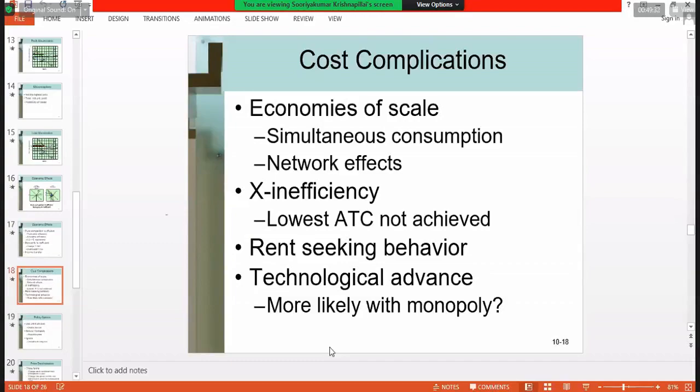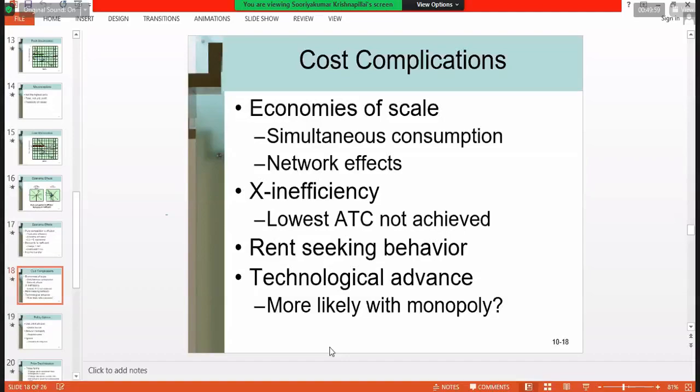Then they can produce the product at the lowest cost, and also produce new products to keep their position. Because they are a monopoly because of their technology, if any firm develops the same technology, they may become a competitor, so they may get involved in more research like that.